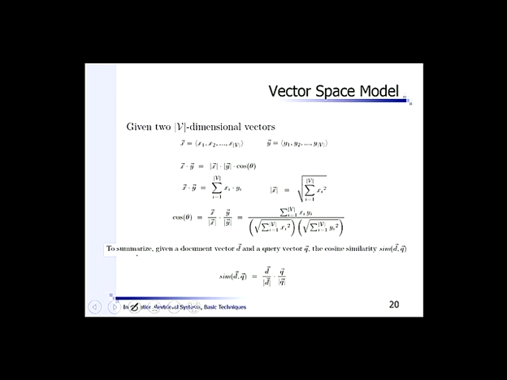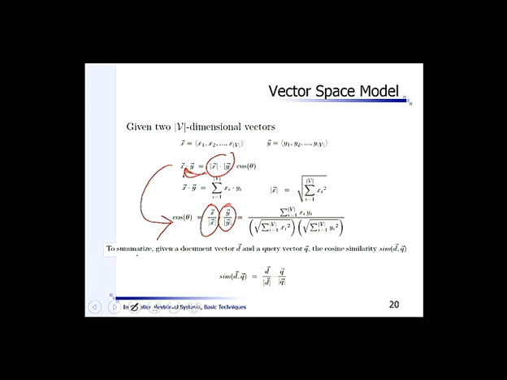And if we insert these over here, I can convert this into this. Cos theta is here, and we move these to this side and flip the equation, so it becomes x over x mod, and y over y mod.